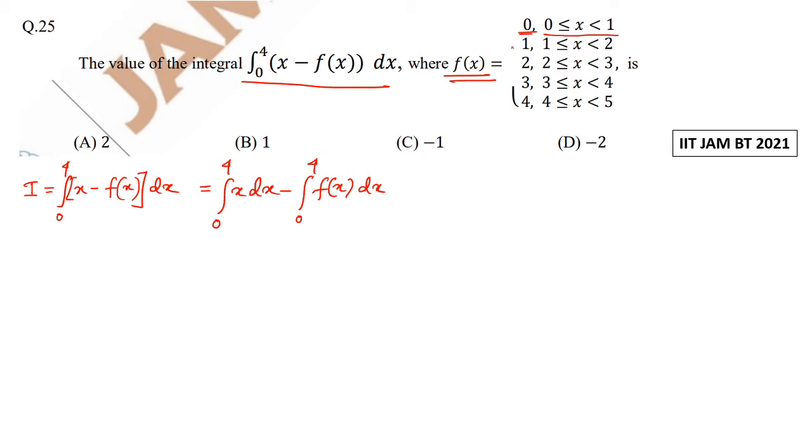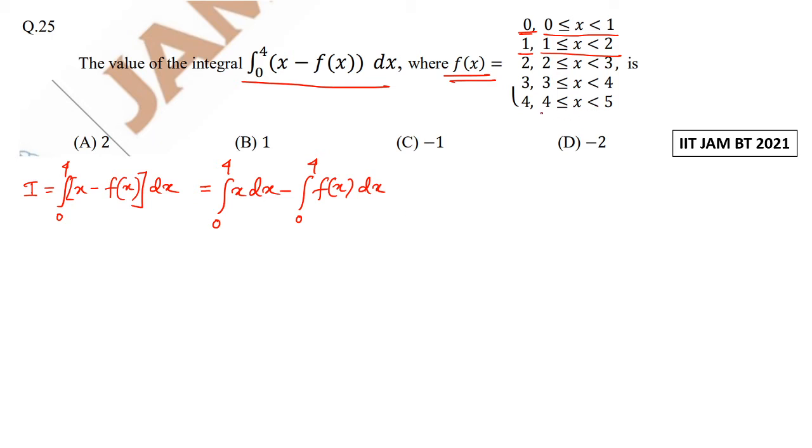The value of f of x is 1 when x is 1 to 2, that is 1 less than or equal to x less than 2. Similarly, when x is 2 to 3 it is 2, when x is 3 to 4 it is 3, and when x is 4 to 5, f(x) is 4.